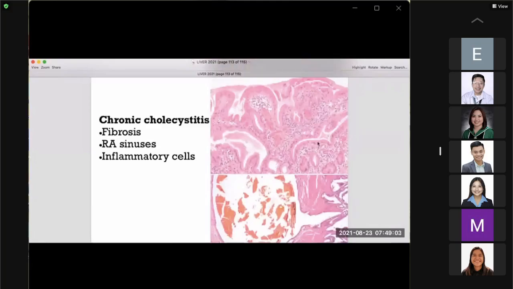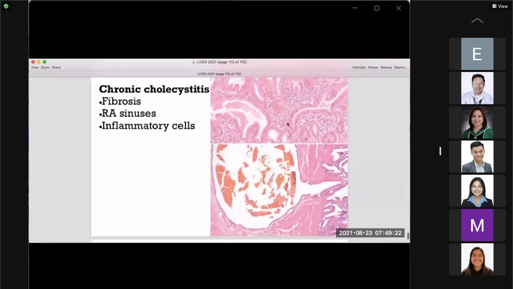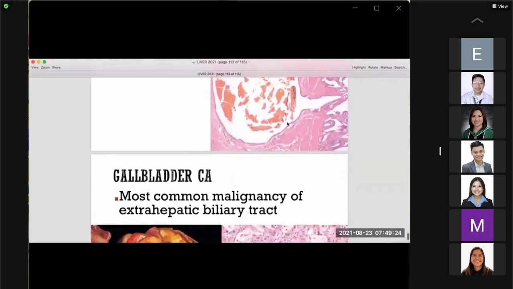We have to look closely at the features of the cells lining it. They are benign. These are known as the Rokitansky-Ashcroft sinuses. And of course the inflammatory cells that are seen here, mostly lymphocytic infiltration. Okay, so this is chronic cholecystitis.